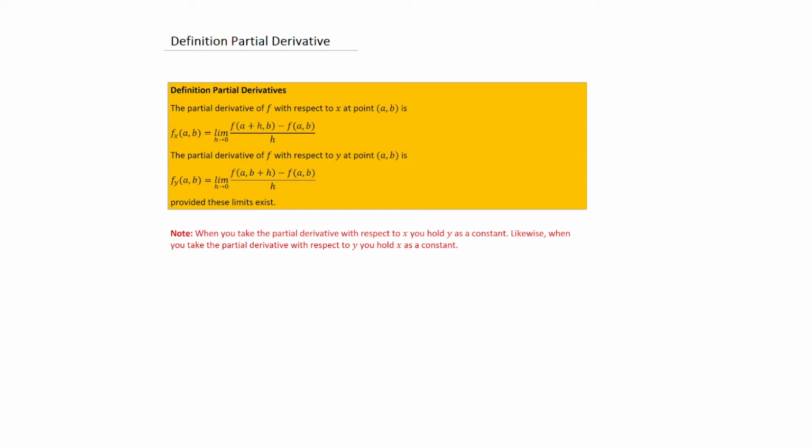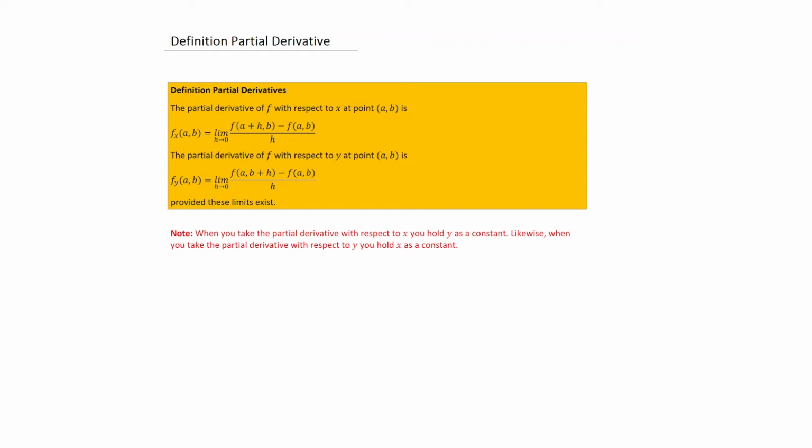You can see in the case of the partial derivative f subscript x, we're taking the difference between f evaluated at a plus h and f evaluated at a, and dividing by the difference, which is h, holding the y component constant at a value b.